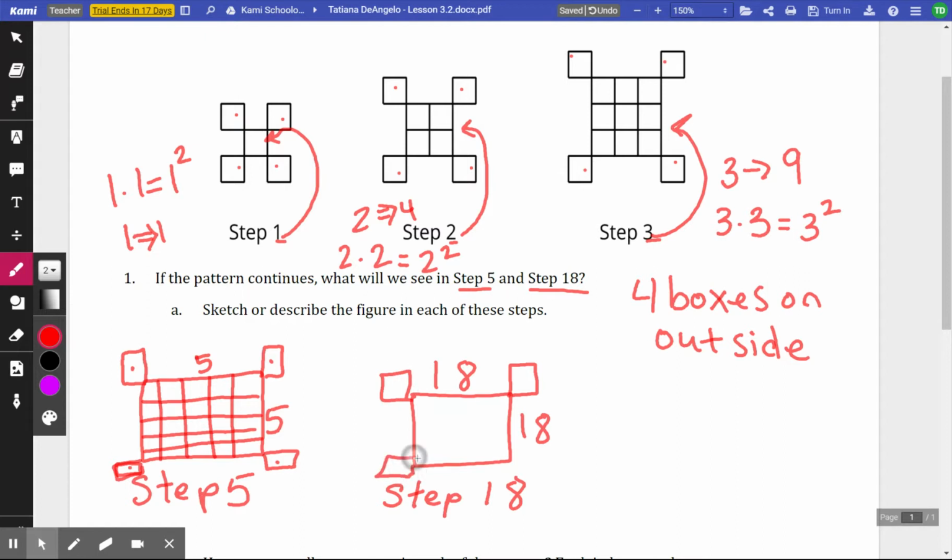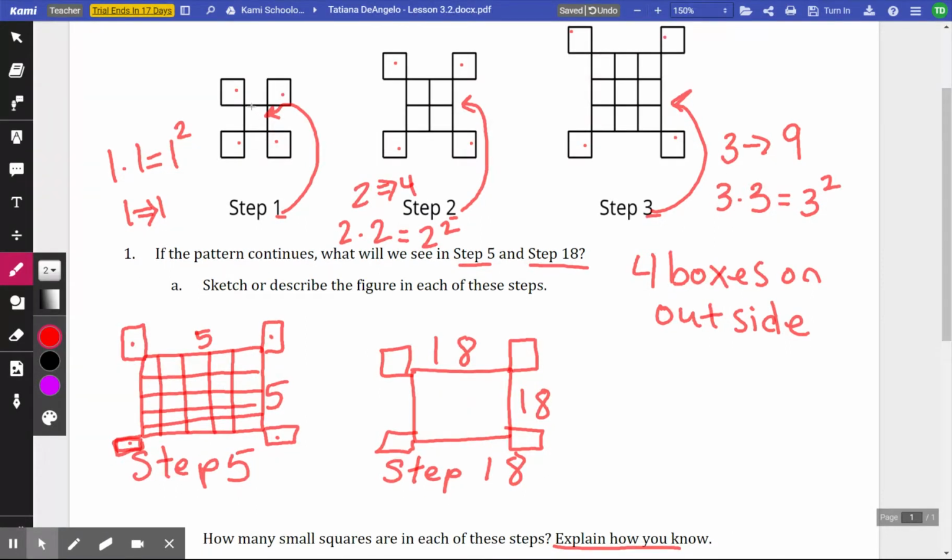Okay? So that's what that should look like. That follows my pattern. Whatever my step number is, that is the array. 1 by 1, 2 by 2, 3 by 3, 5 by 5, 18 by 18.